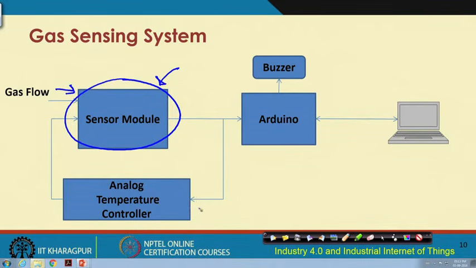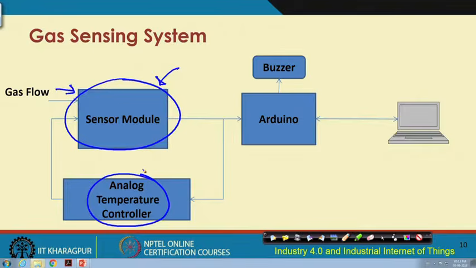Then you have the analog temperature controller which will basically monitor or control the temperature variation, because I told you that we need to have some heater in order to start these chemical processes of these materials when the gas is passed through them.